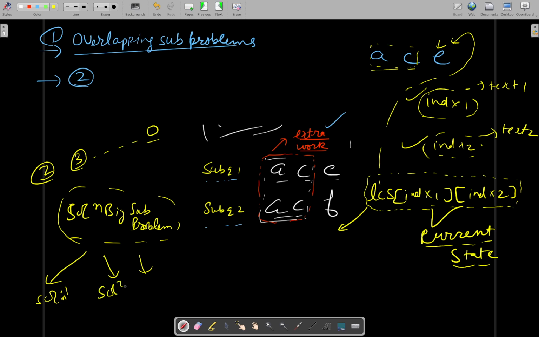Let's call this solution 2. Let's call this solution 3. These are solutions of smaller subproblems, and you can combine them and you will get the solution of the bigger subproblem. So this was the second observation, and this property is called optimal substructure.